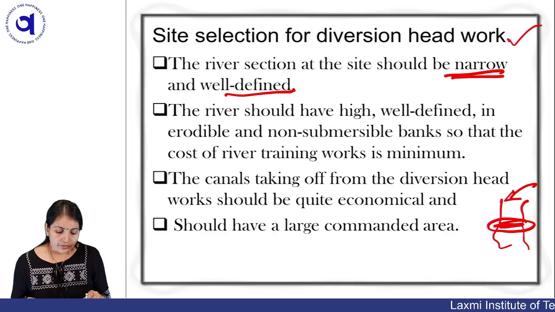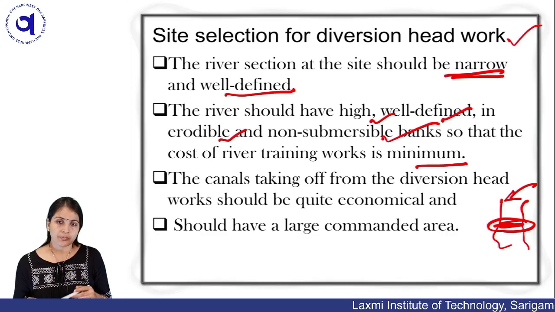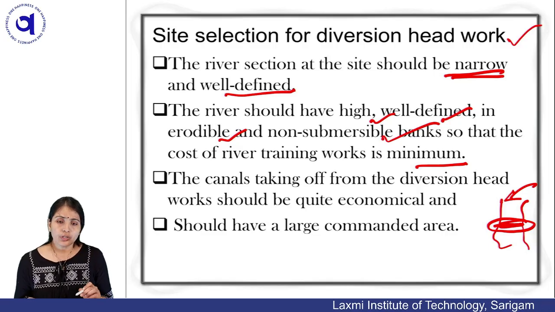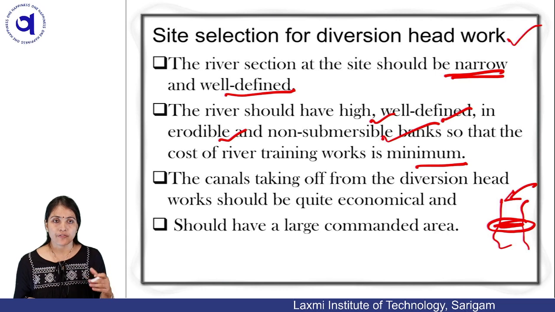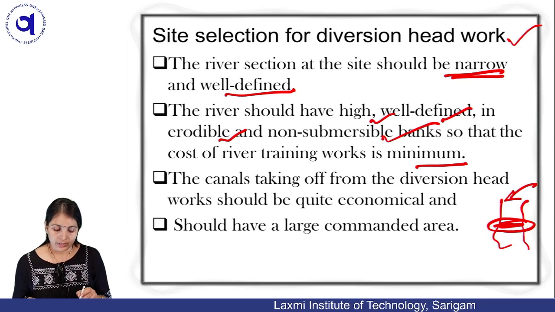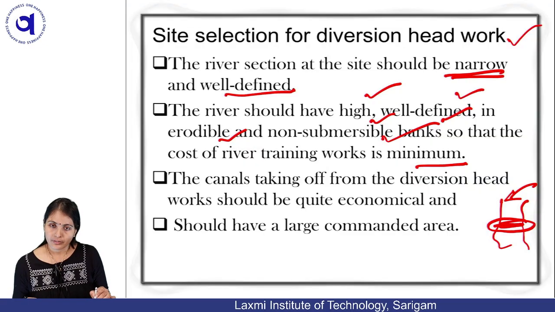Second, the river should have high, well defined, non-erodible and not submersible banks, so that the cost of river training work is minimum. For the site of the diversion headwork, it should have high and well defined banks.